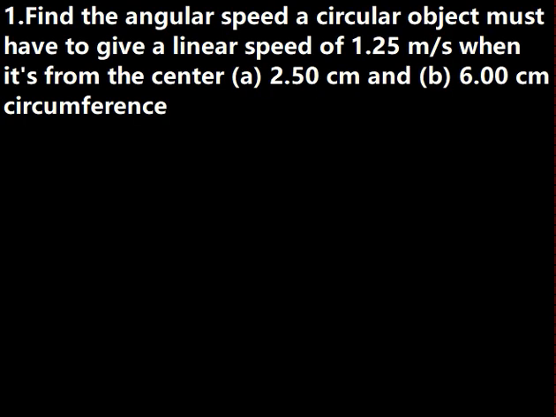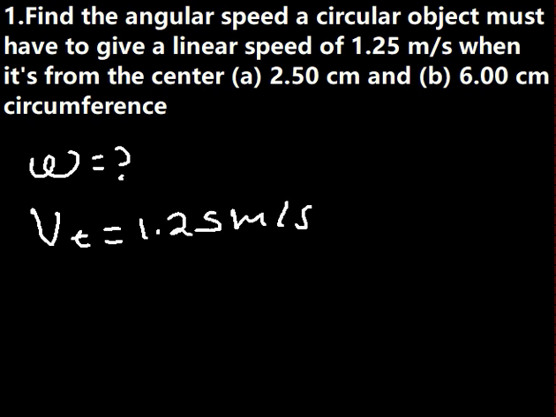So let's say this is the question. Find the angular speed, so we are looking for omega. A circular object has a linear speed, the tangential speed, of 1.25 meters per second.